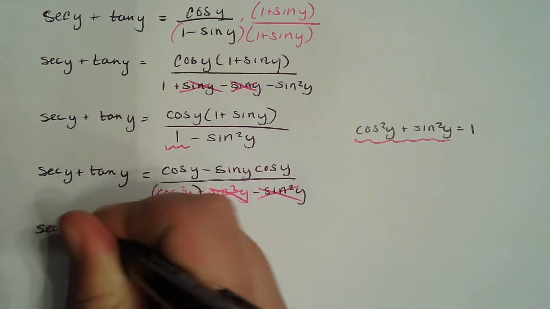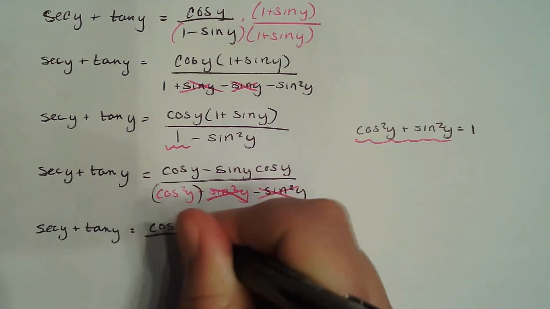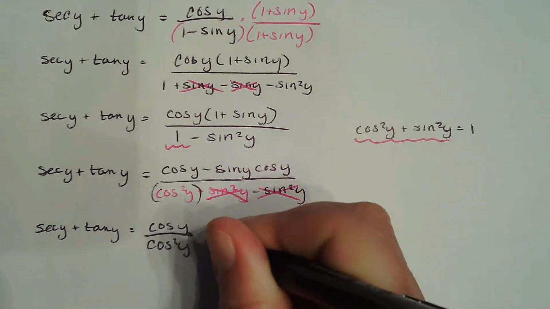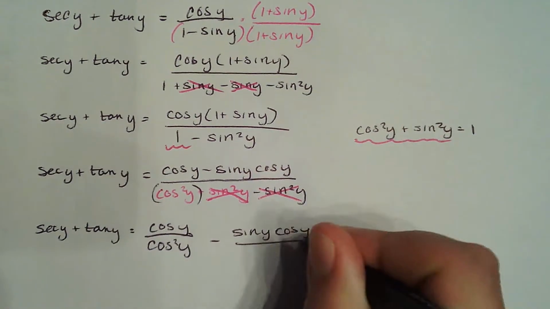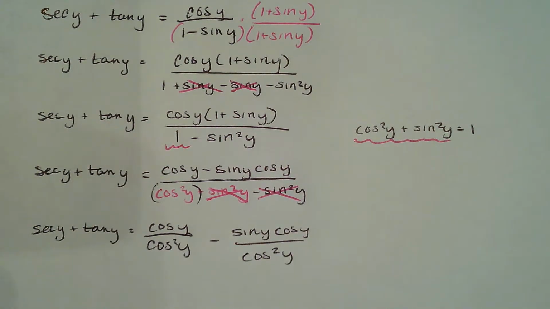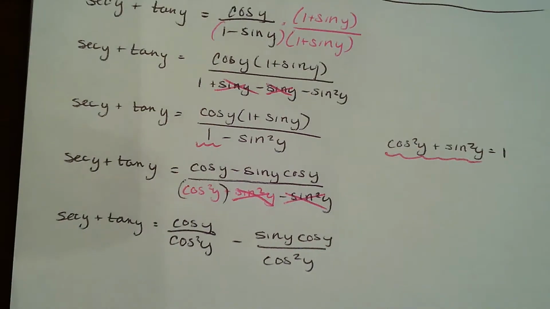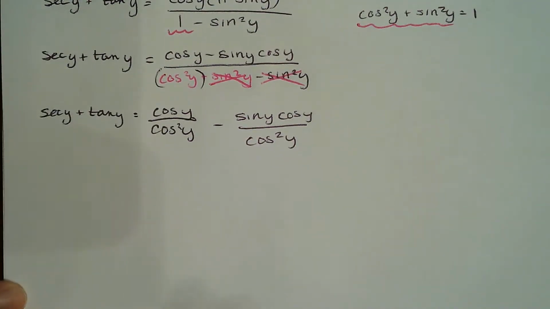Secant y plus tangent y equals cosine y over cosine squared y minus sine y cosine y over cosine squared y. I could do some reducing and then simplifying, and this one's going to work out nicely in like 2 more steps.